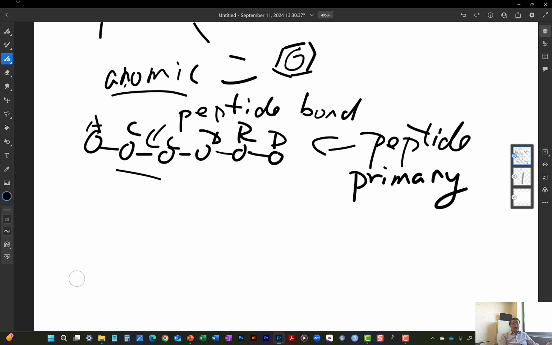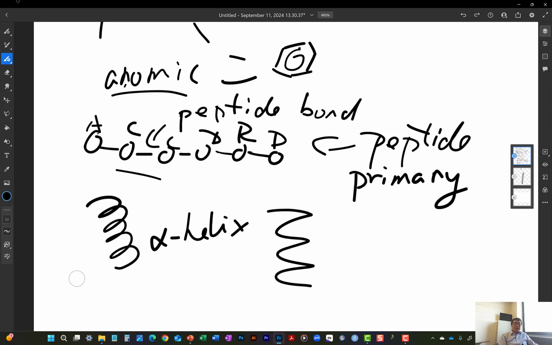Then these amino acids will spontaneously fold by themselves. The first way they fold is to form very regular structures. This is called an alpha helix, and this is called a beta sheet.